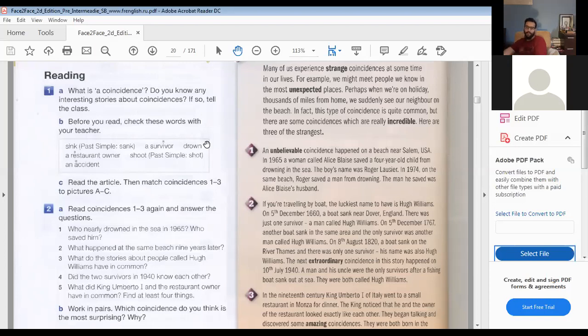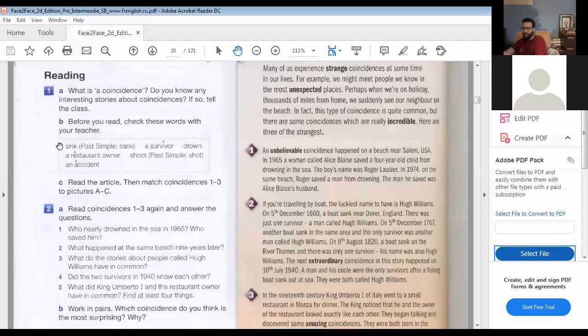But sink is the same thing, not for living things. For boats, for chairs, for phones. If you drop your phone in the water, it will sink, of course. But for people and animals, which are living beings, we use drown.